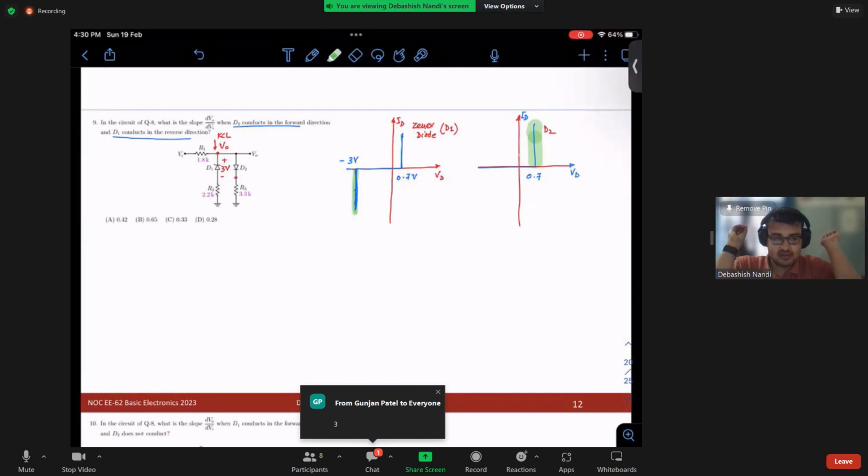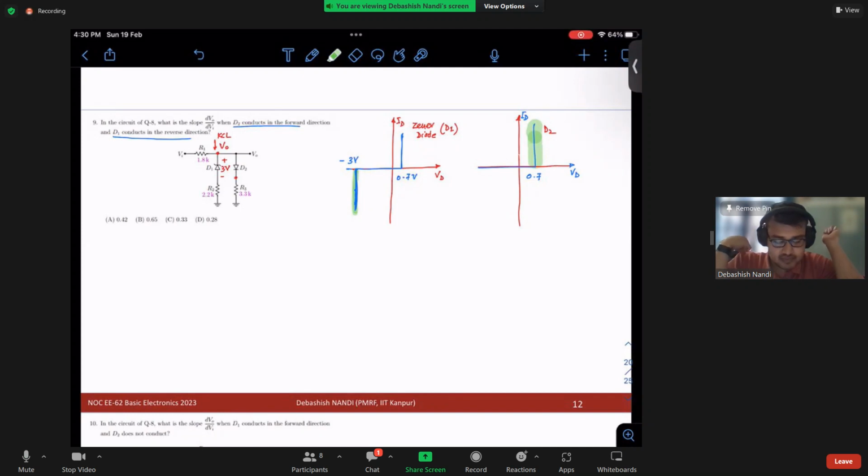It has to be 3 volt, because only at 3 volt it has non-zero current. It's like a delta function. So for simplicity I can write this as 3 volt.